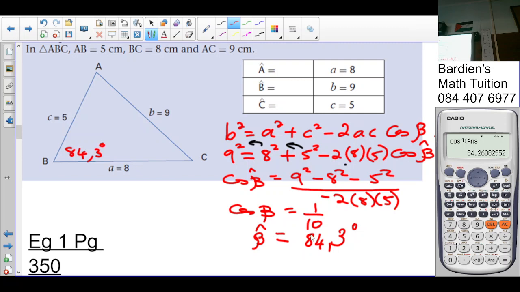So how are we going to calculate C now? Sine rule. Not so? Right, so do apply the sine rule quickly. The sine rule.